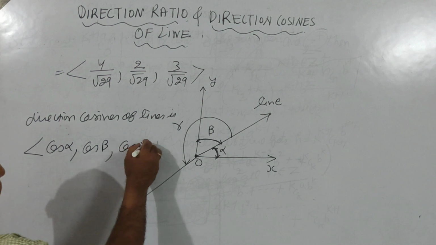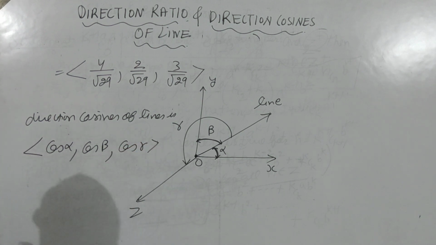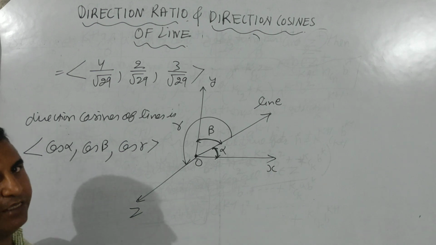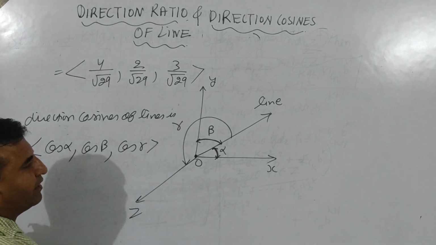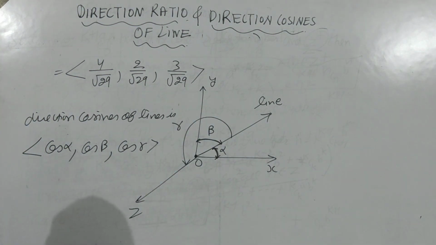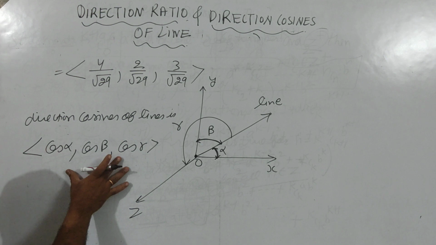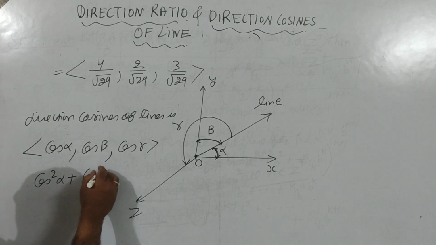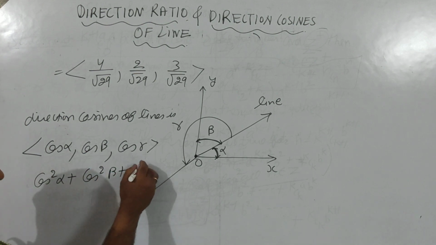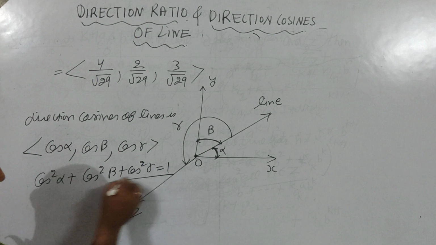Next you write cos of gamma. Now these are the direction cosines of a line when the angles with the x-axis, y-axis and z-axis are given. Also, one condition is this: if the direction cosines of a line are given, the sum of their squares always becomes 1. Always.